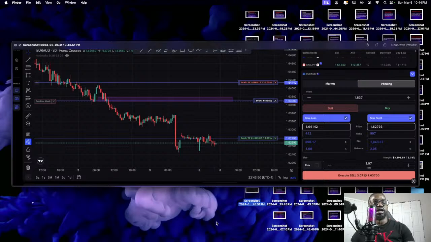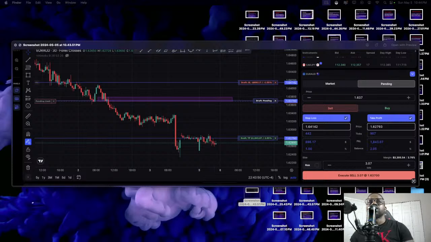Now, each trade that we take, we have multiple positions. And the good thing about Trade Locker is, let's see, you sent that image. So make sure you click sell. So you got pending buy.